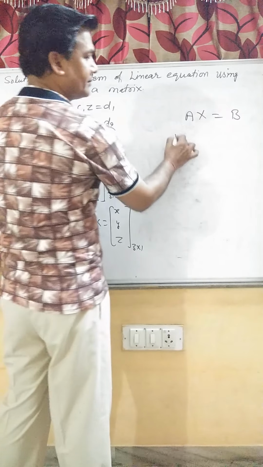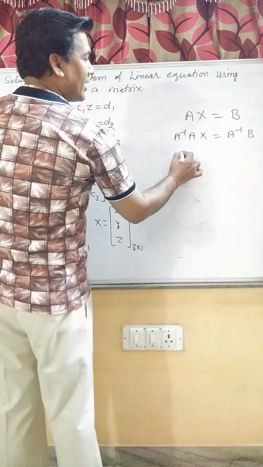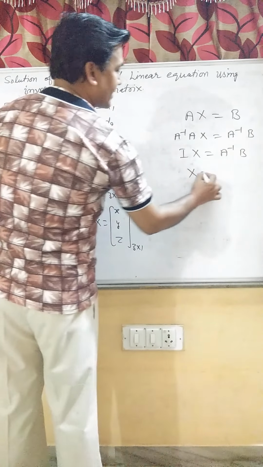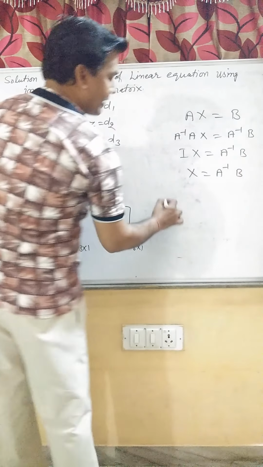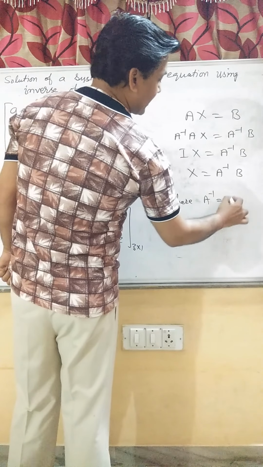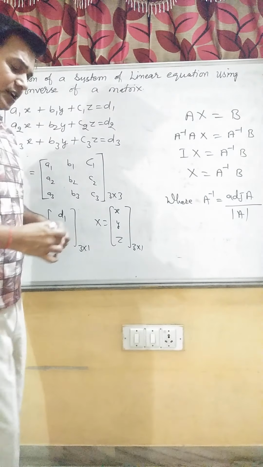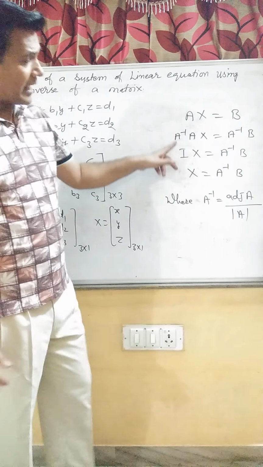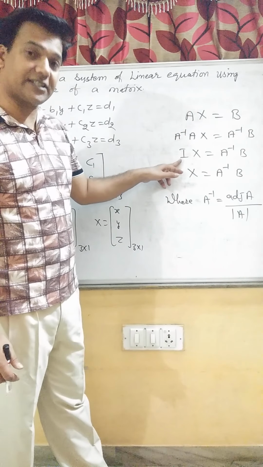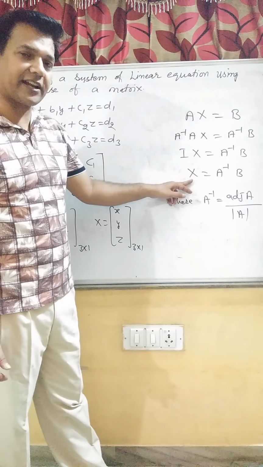A inverse into AX equals A inverse B. So IX equals A inverse B, and X equals A inverse B, where A inverse is calculated as adjoint A upon determinant A. As we know, if we multiply A inverse and A, we will get the identity matrix, and the identity matrix multiplied by any matrix gives the matrix itself.